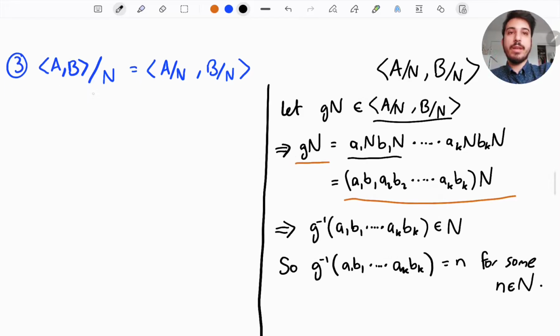The left-hand side being <A, B> quotient with N. Let's take an element of that thing here.